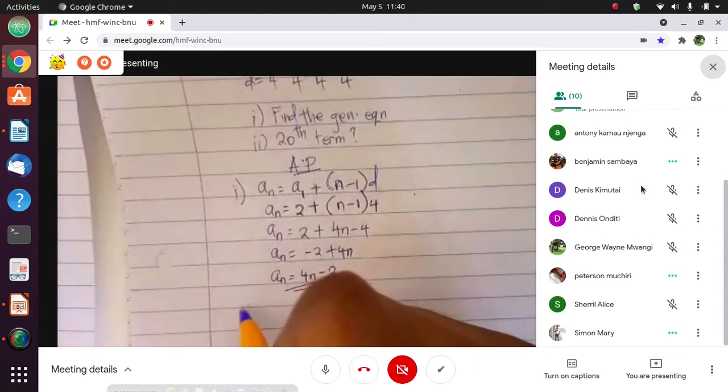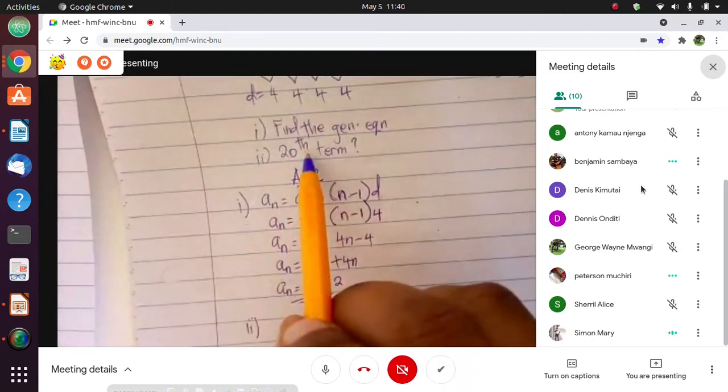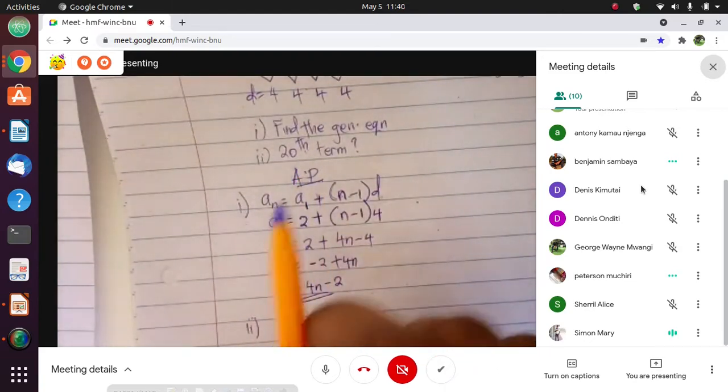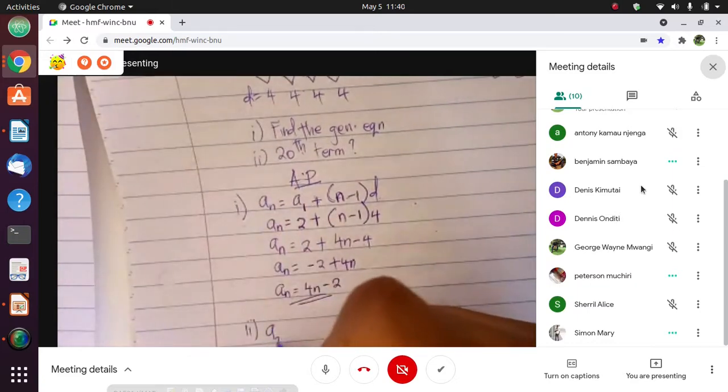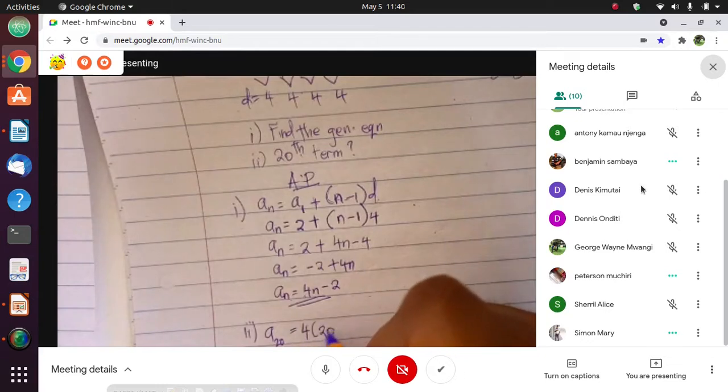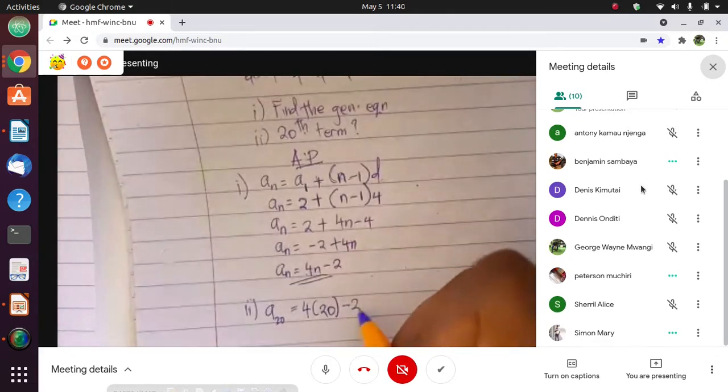Part 2 of the question is asking us to find the 20th term. So A20, the 20th term, itakuwa ngapi? You plug 20 where n is in our general equation: 4 multiplied by 20 minus 2.